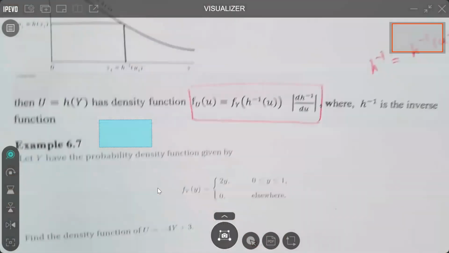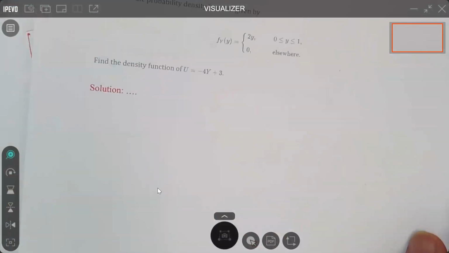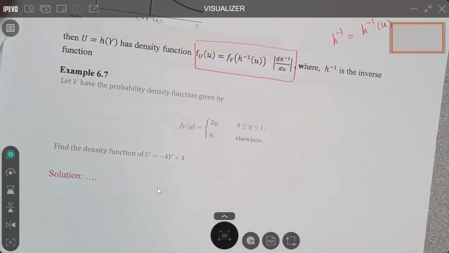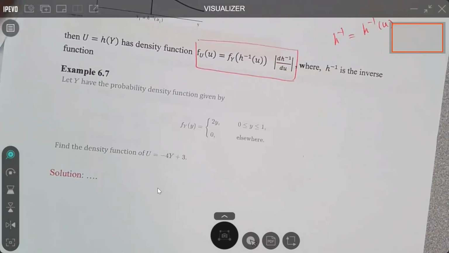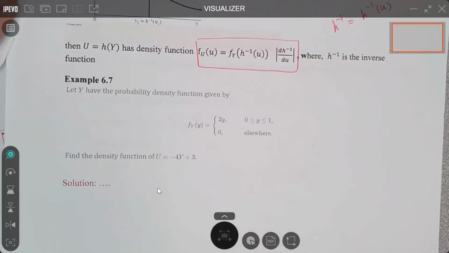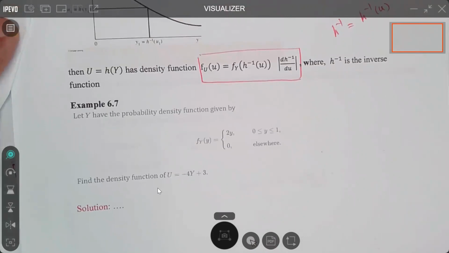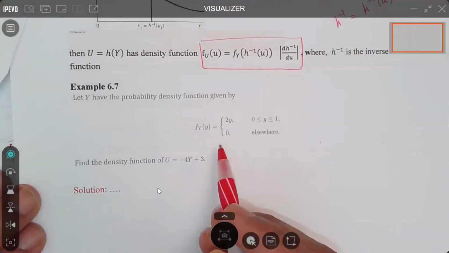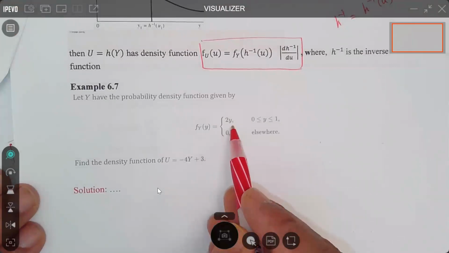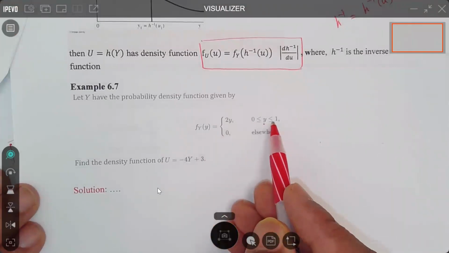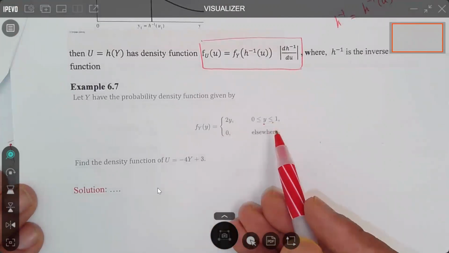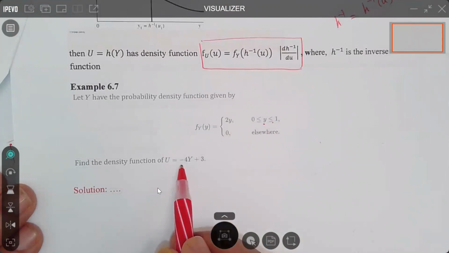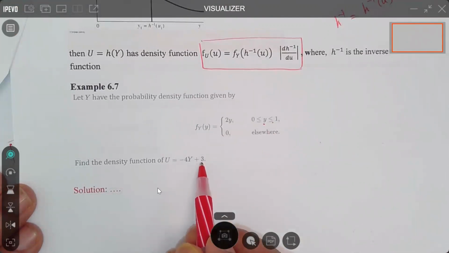Now, let's do one problem here. This problem is 6.7. In this problem, we have the density function of y as 2y, going from 0 to 1, right? So now find the density function of u, where u equals negative 4y plus 3.